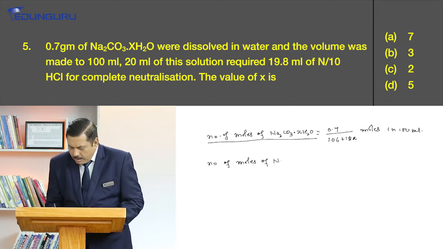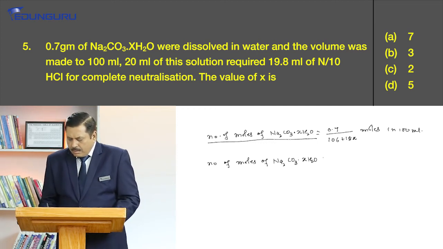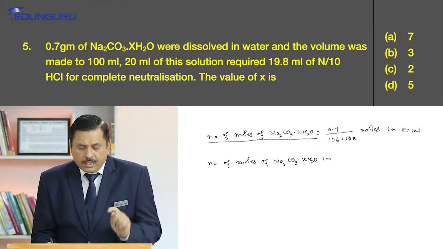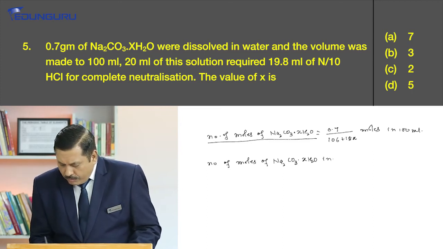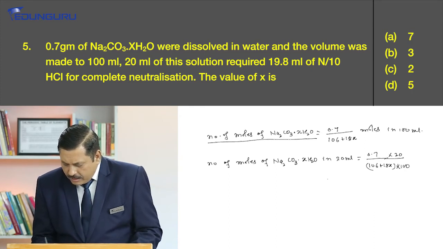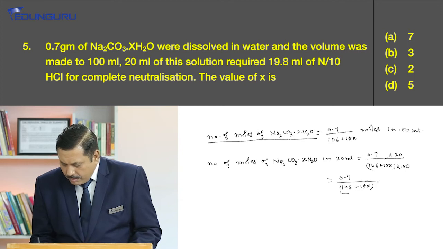In how many milliliters of this solution have we taken? 20 milliliter. So in 20 milliliter the moles will be equal to 0.7 upon 106 plus 18x into 20 into 100, that is 0.7 upon 106 plus 18x into 5.